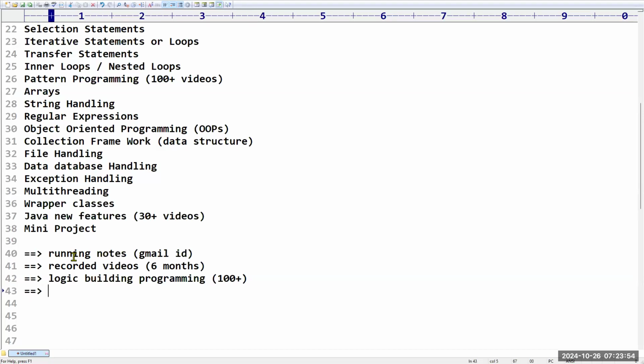You have to do that. Then even advanced logic building programs, top-level programs, I am also going to give, around 25 plus programs. You have to practice on your own. If you have any doubt, I will be there to suggest.